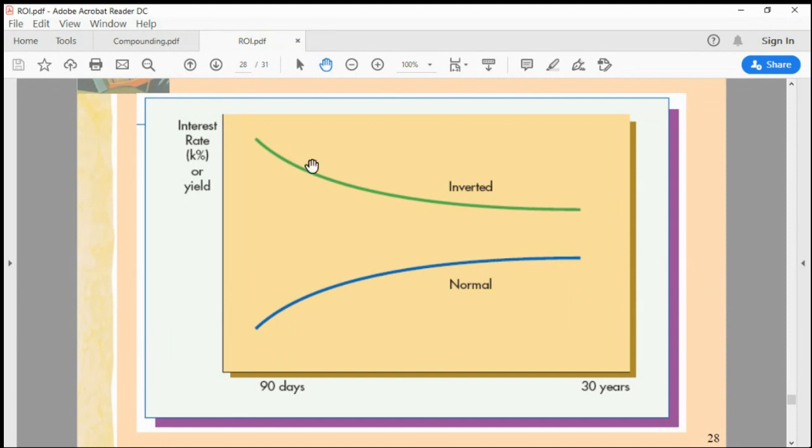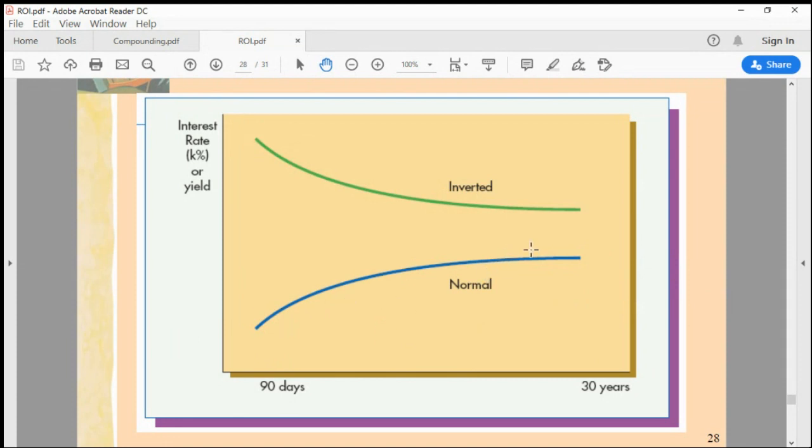But sometimes you see an inverted yield curve. This is crazy, don't you think? An inverted yield curve means a short-term return is higher than the long-term return, and how can that be? How can it ever happen, right? There is something weird about the inverted yield curve.